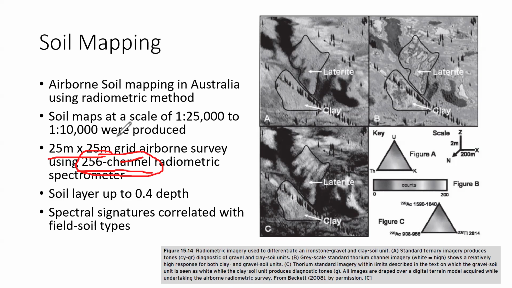You have 256 gradations of the intensities, so it can separate the intensity of the gamma rays up to 256 intervals. Basically what they did here is they looked at the signature of the soils, and then calibrated or correlated it with actual field types of the soils.